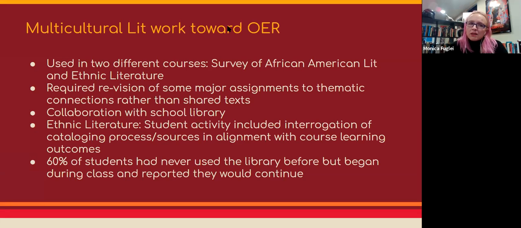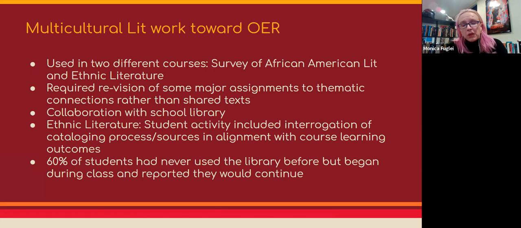Because examining some of the ways that texts were driven out of collections was actually a way to examine what happens to multicultural literature if we're not deeply aware of the processes we're using in our libraries.